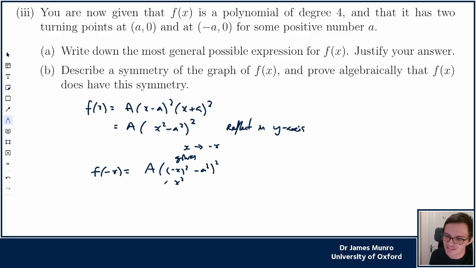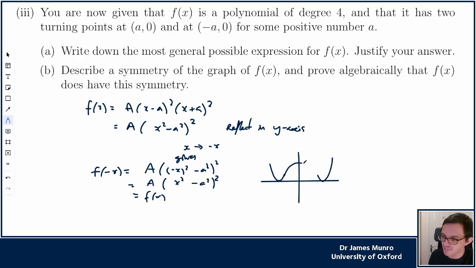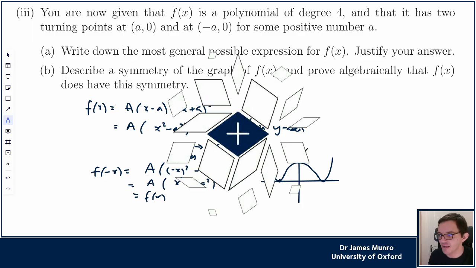But minus x squared is the same thing as x squared, so this is the same thing as f of x. So our graph has nice symmetric turning points, but then also has symmetry in the y-axis.